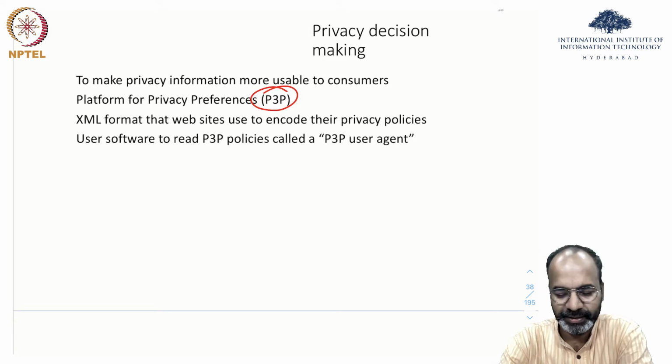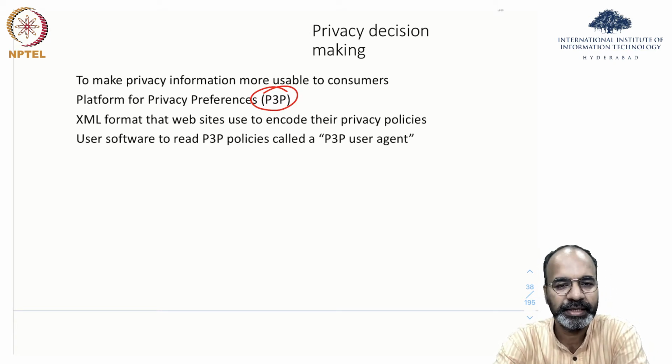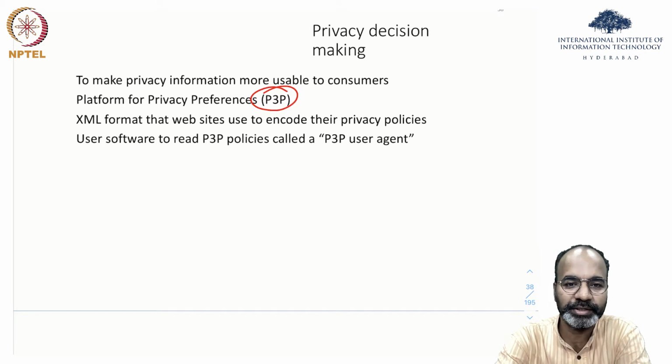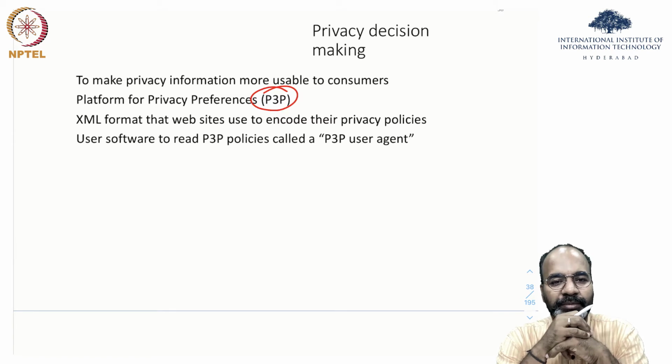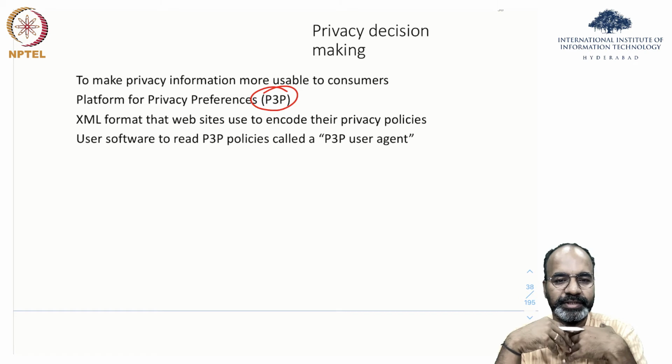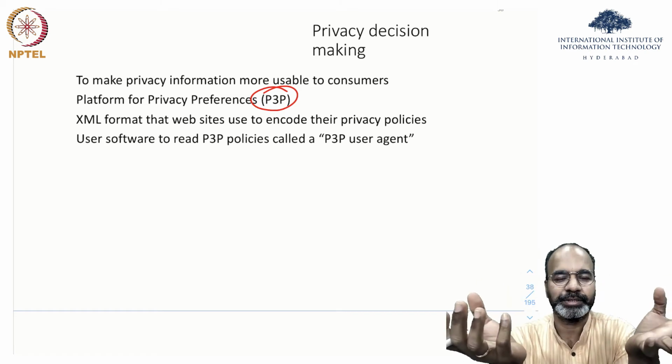Then we looked at P3P, which is the Platform for Privacy Preferences. This is a way by which companies can express their privacy policies. You can express your privacy preferences, and therefore some matching could be done where programs interact with each other to decide whether our privacy preferences are in line with the company's privacy preferences.